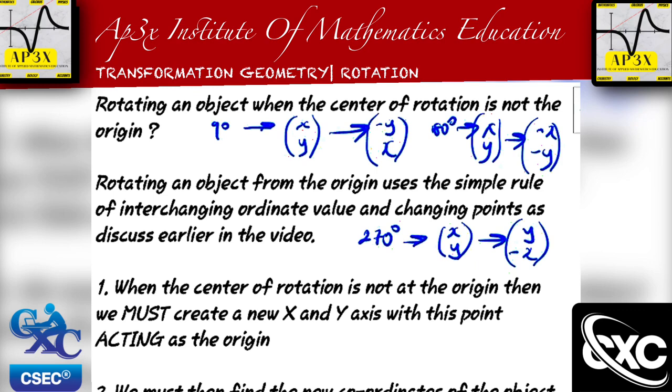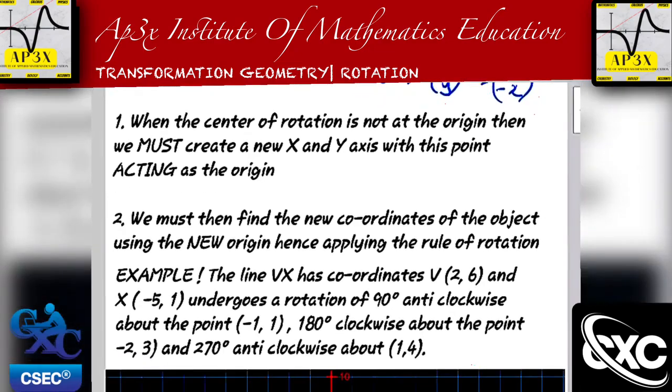Now, it's going to be the same rule even if the center of rotation is not at the origin, except because the center of rotation has been translated to a new location, that is automatically going to change the coordinates of the object. Now, to understand this better, we're going to have to go on the graph.